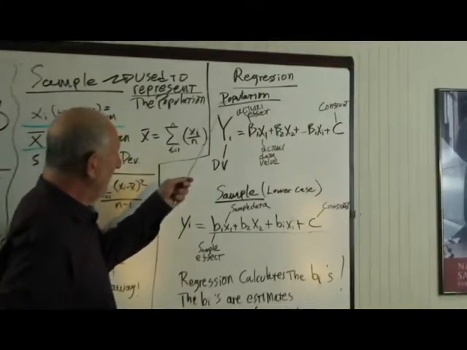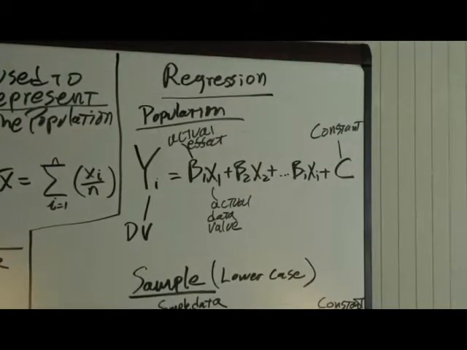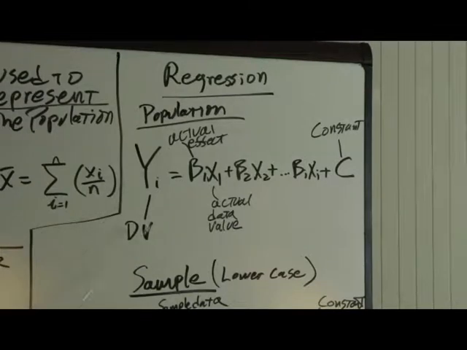In the population, which is, again, all this is reality, the outcome, the dependent variable, is equal to the actual effect times the actual data value, plus, if you have another variable, let's say this one's age, this one might be gender, and then there might be some other ones, like attitude towards ice cream.